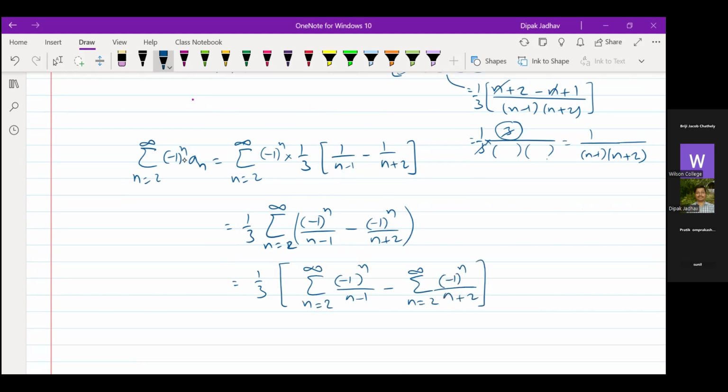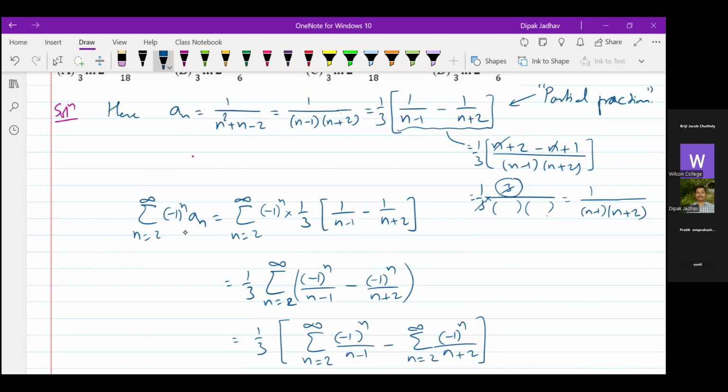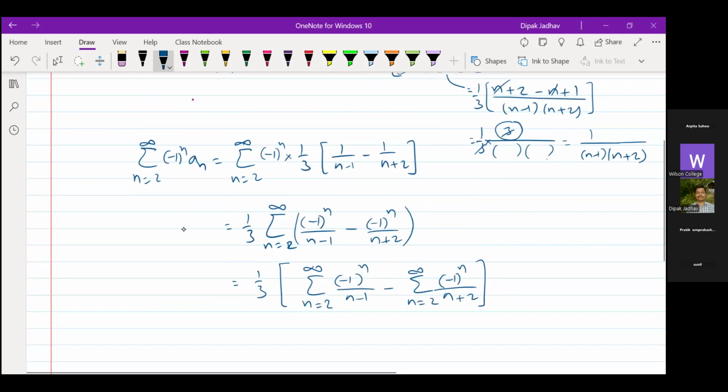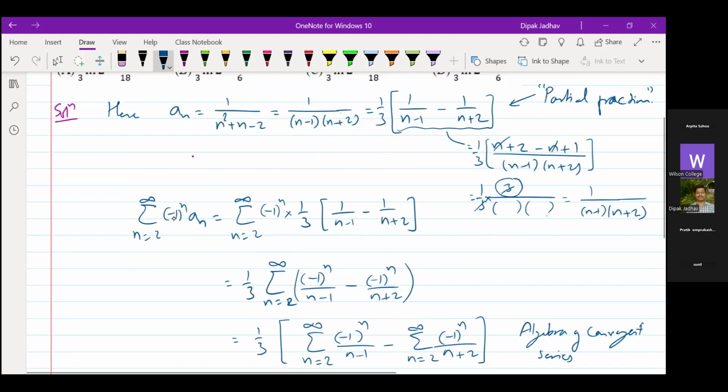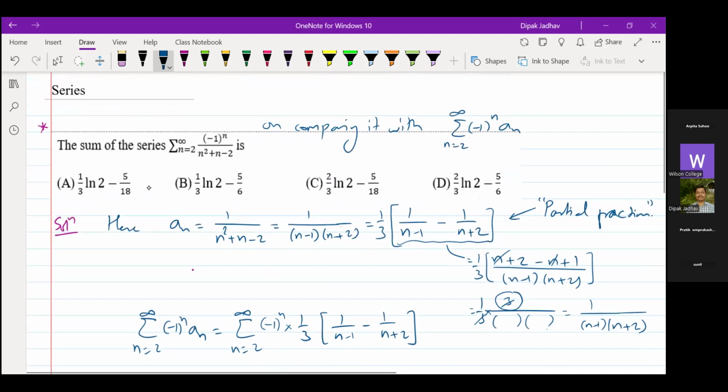Which result of infinite series are we using? Yes, I hope all of you must have guessed the result: algebra of convergent series. And why do we know that the series is convergent? Because the question itself says we want to find the sum. That means the series converges.